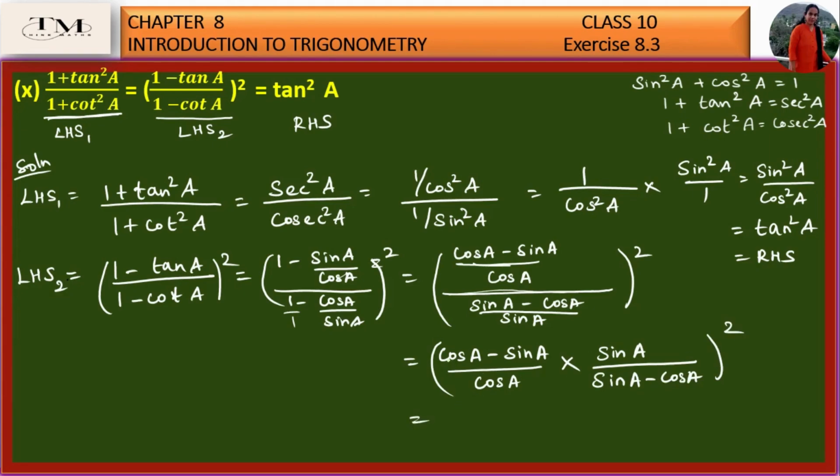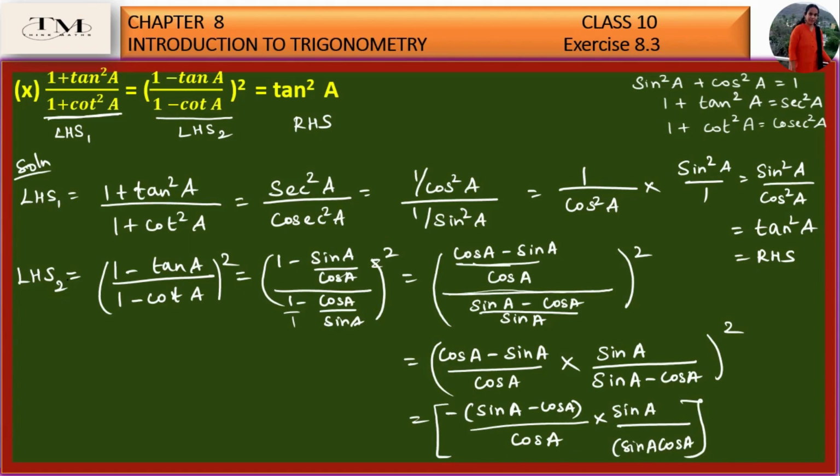If we take a negative sign here, it will become sin A minus cos A. So I am going to take a negative sign here. So minus (sin A minus cos A) divided by cos A into sin A divided by (sin A minus cos A).